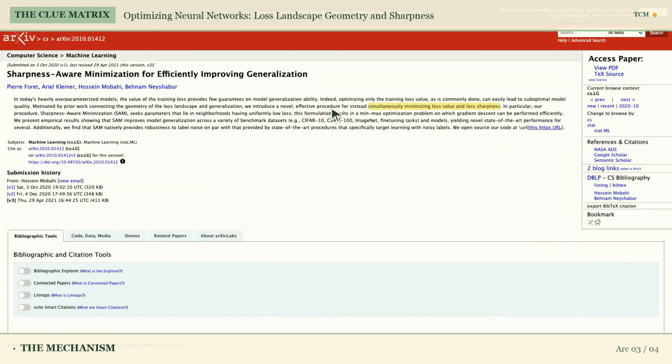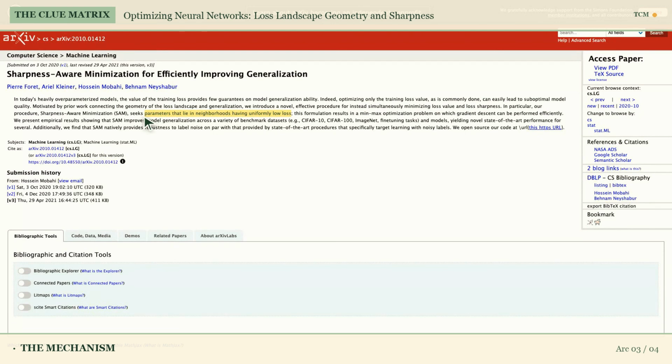Instead of just minimizing the loss, SAM is designed for simultaneously minimizing loss value and loss sharpness. It's a dual objective that considers both how low and how stable the minimum is. Imagine you're searching for the lowest point in a valley. SAM doesn't just step to the lowest point, it takes a peek around that point.